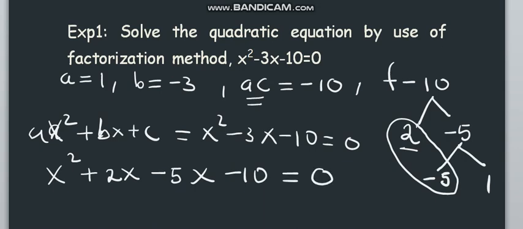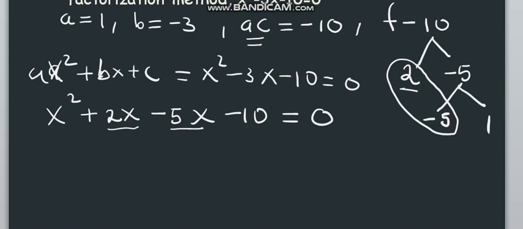Reason being, if we get 2 and add it to -5, we go back to -3. If we get 2x minus 5x, we shall go back to -3. Now, having obtained that, we can realize that we can factor out x.